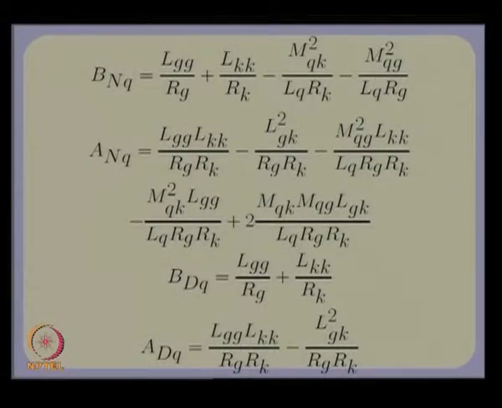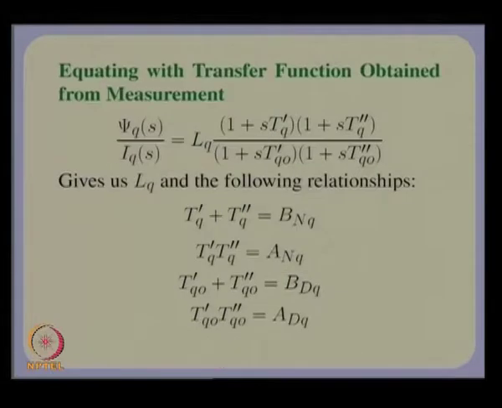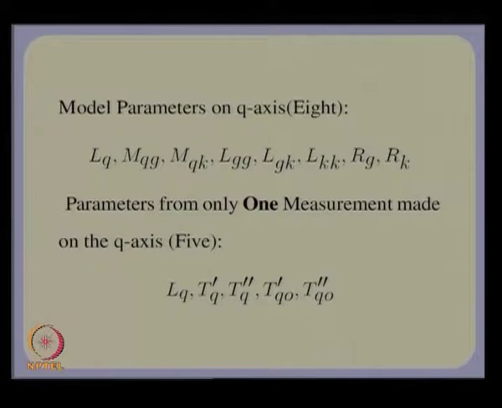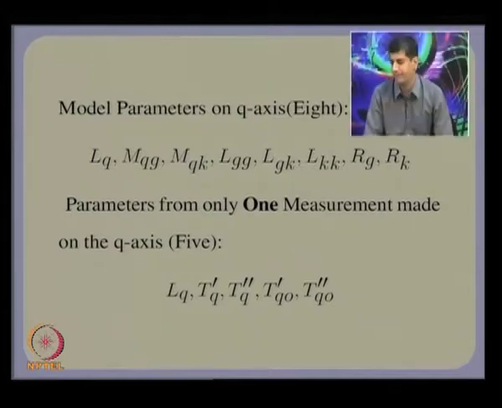The coefficients of this transfer function are related to the basic parameters by these equations. Again, we follow the same procedure to obtain the basic parameters, but we end up with the same problem: you have got 8 basic parameters on the q axis, and typically the standard parameters are only 5. So, getting back the basic parameters becomes a bit tricky.